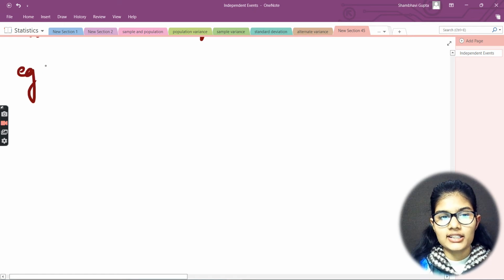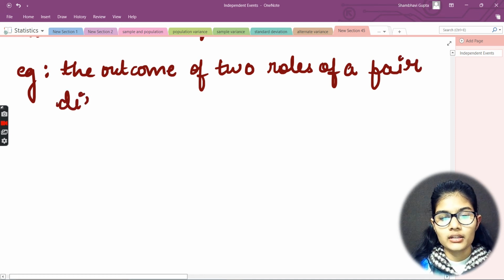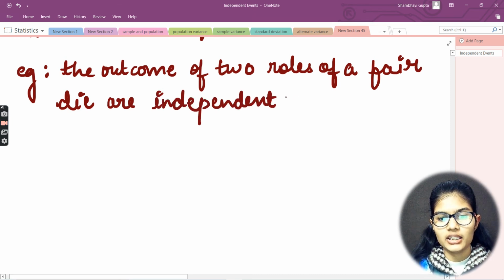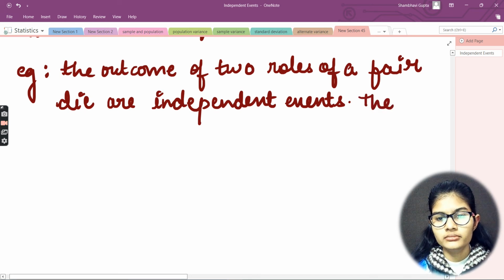Let's take an example that the outcomes of two rolls of a fair die are independent events.